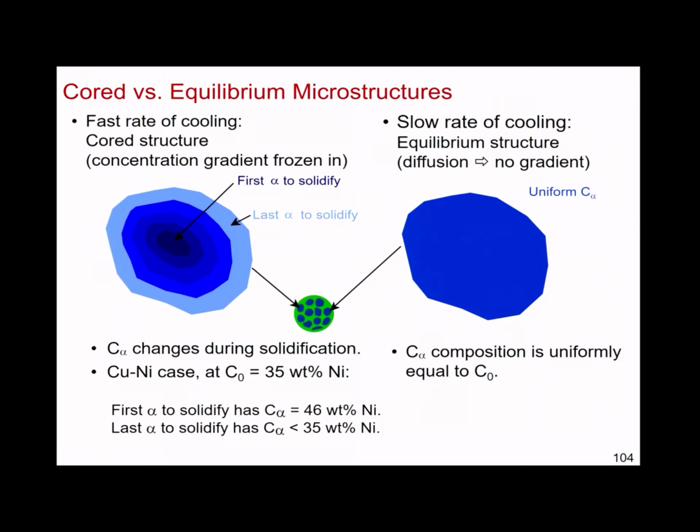But if you go too quickly, you can have this gradient where the different shades of blue are indicative of the different concentrations of your components. In this example, it's nickel and copper again. So instead of expecting one overall concentration or composition in the blob or in each grain, you'll have this gradient.